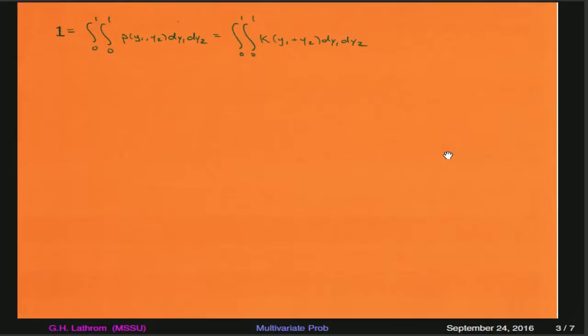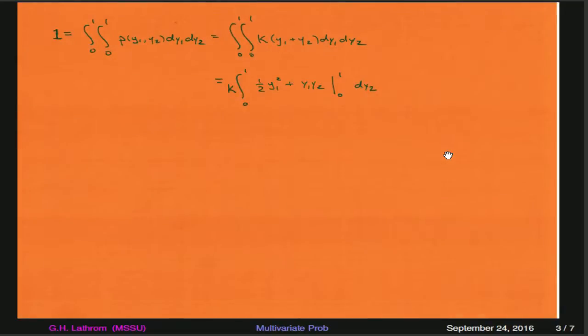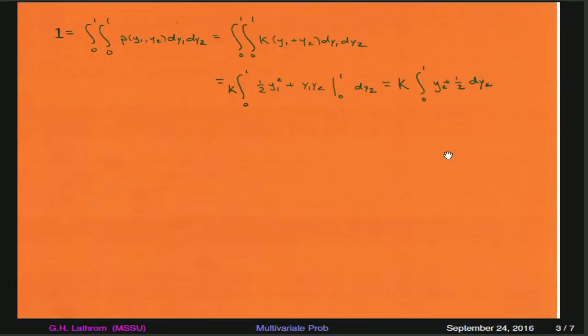We're able to pull that constant to the outside, and doing the first integration, we've got the integral from 0 to 1 of 1/2 y sub 1 squared plus y sub 1 y sub 2, from 0 up to 1, dy sub 2. So this evaluates to k times the integral from 0 to 1 of (y sub 2 plus 1/2) dy sub 2.